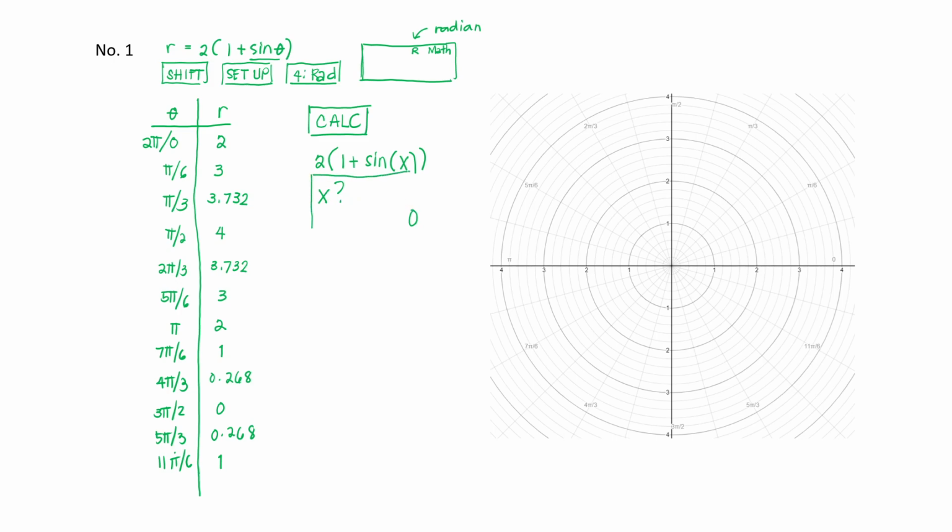So it is asking for the value of your x. So we're going to look for the value of x. Of course, we're going to start with 0, then going towards 11 pi over 6.